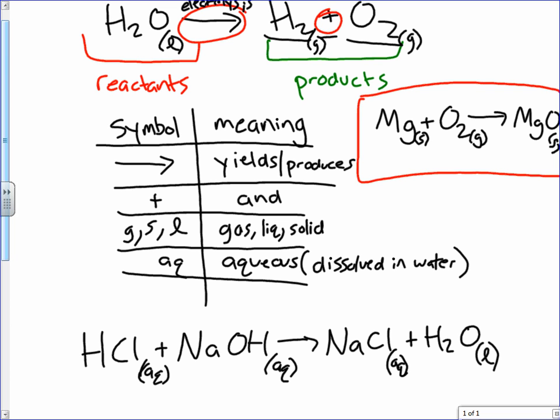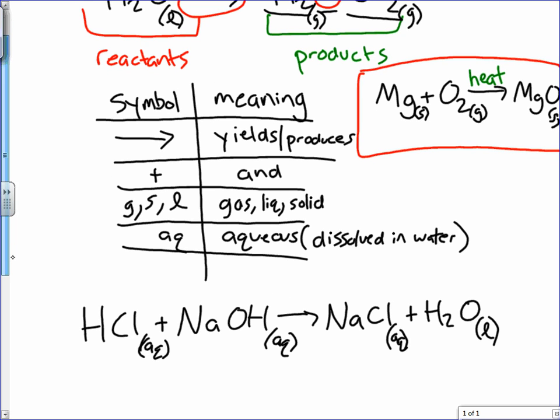In a chemical reaction, when you write this, you write it right there. That's showing that you need heat for this reaction to happen. It's not going to spontaneously happen without the heat.